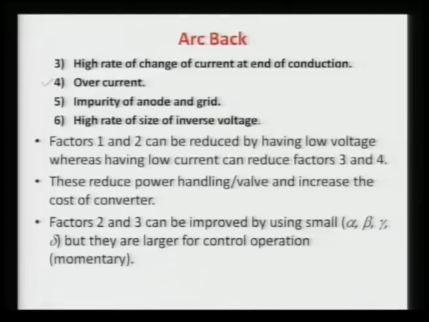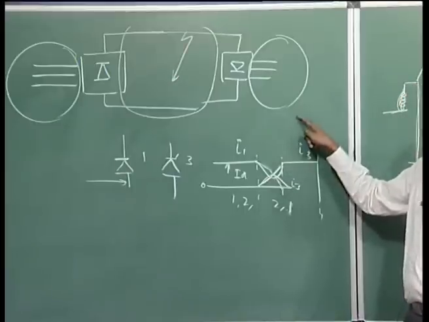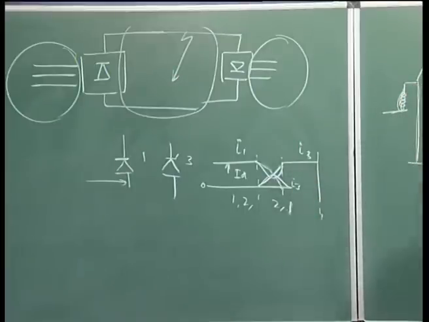Another is overcurrent. If the current value is very high, even with the same U, the rate is increasing and the possibility is there.